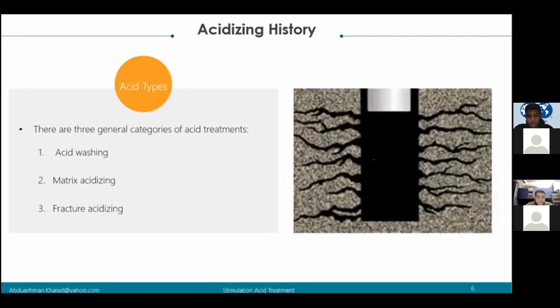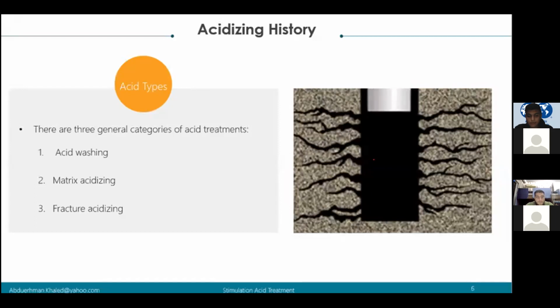So basically, there are three types of acid treatments, and it depends on the level of the damage and how much depth of penetration is needed to stimulate the well. In acid washing, for example, the objective is simply tubular and wellbore cleaning.